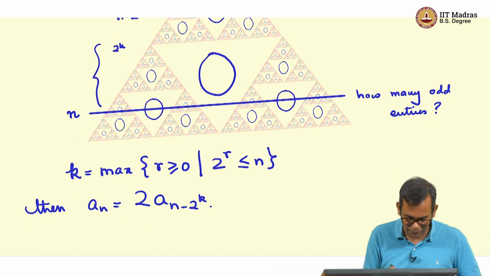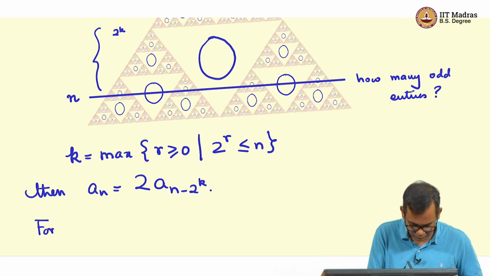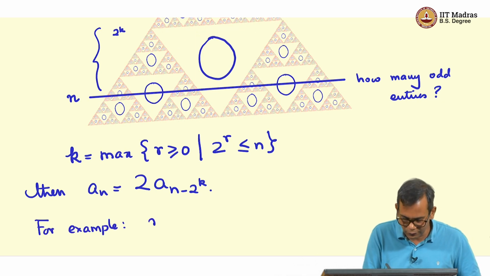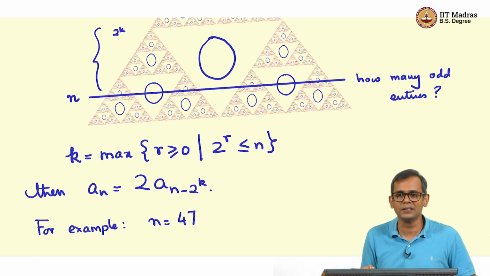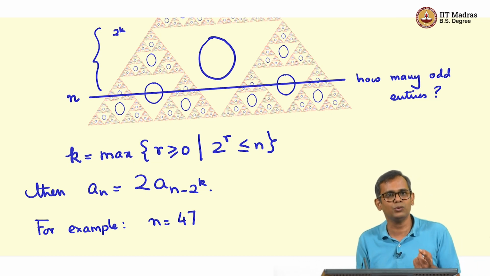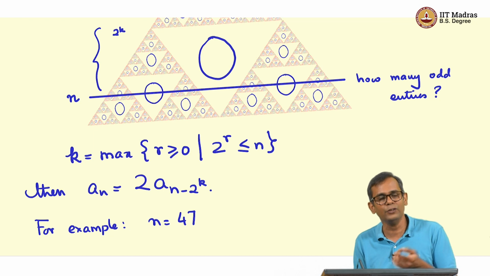So, for example, let us look at n equals 47. What is the largest power of 2 that is less than 47? Well, think about it. You start with 2, 4, 8, 16, 32, and then you get 64.